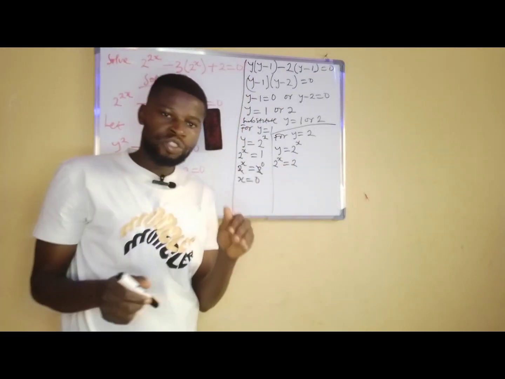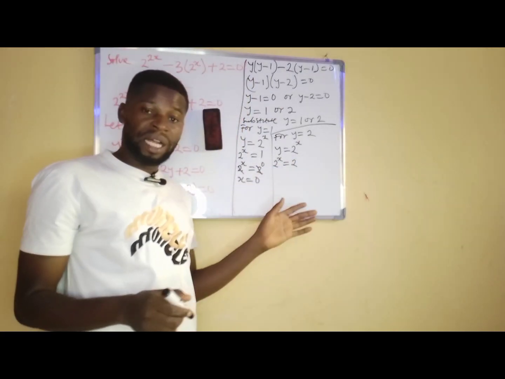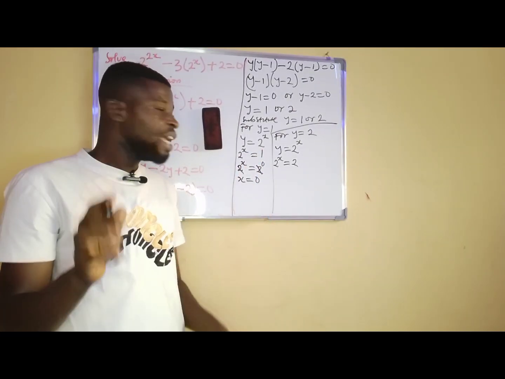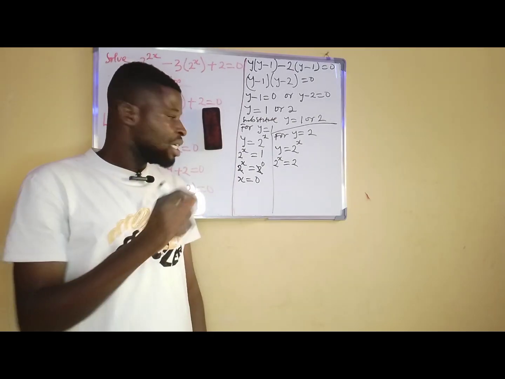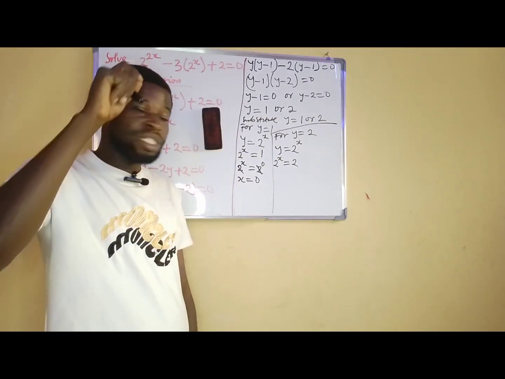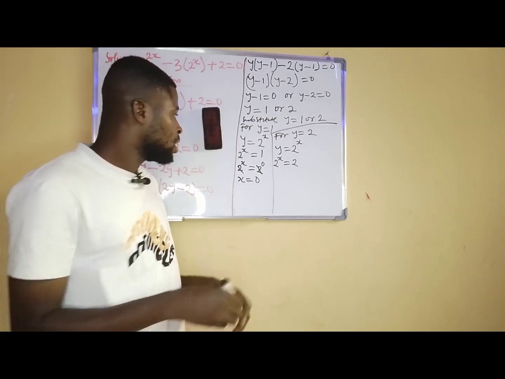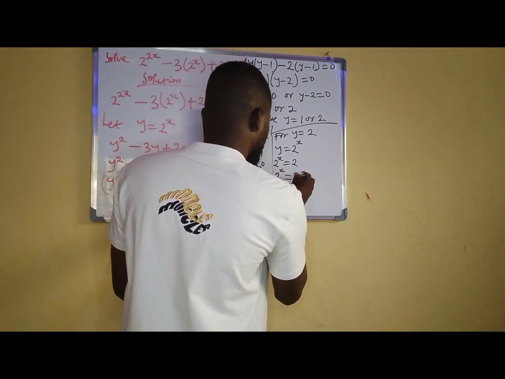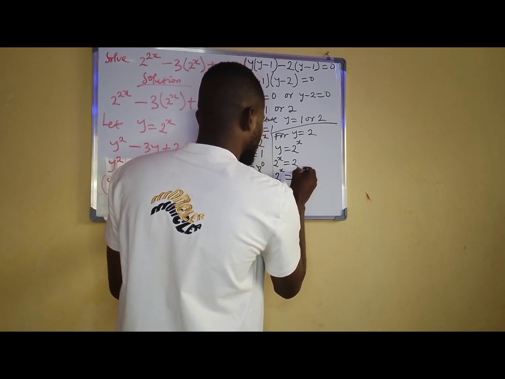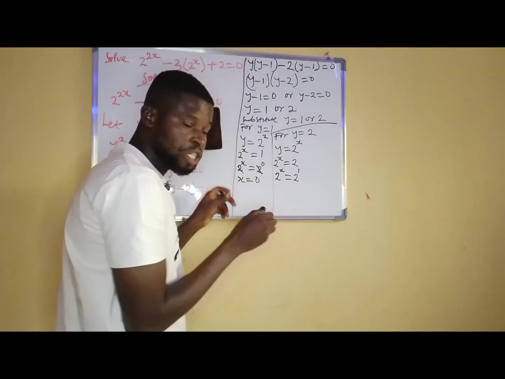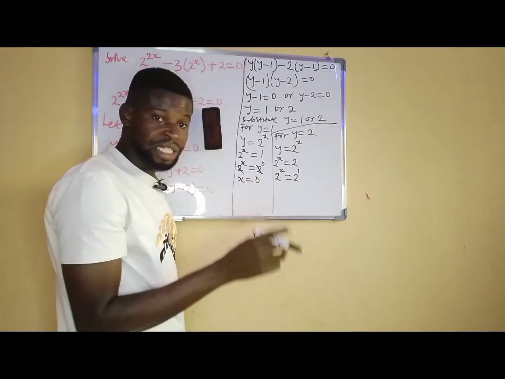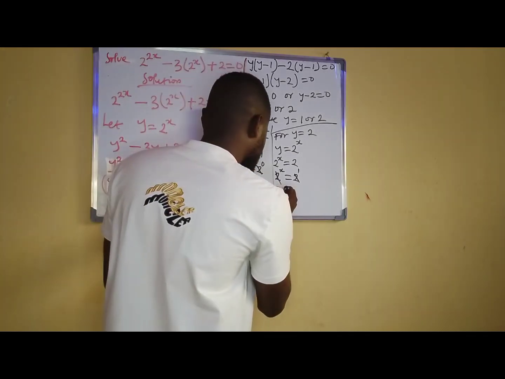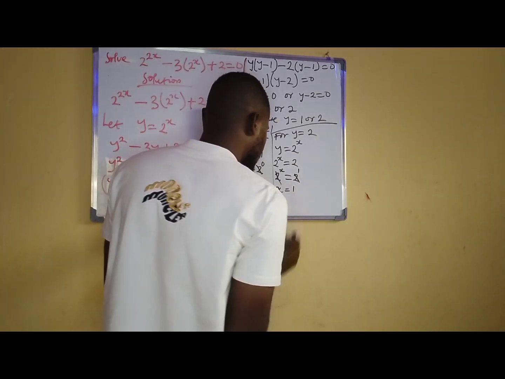Now, still also in indices, any number standing on its own is the same thing as that number being raised to power 1. This is what I'm saying: 2 raised to power x is equal to 2 raised to power 1. Are you getting what I'm saying? This and this is the same thing. So when this and this cancel each other, x will be equal to 1.